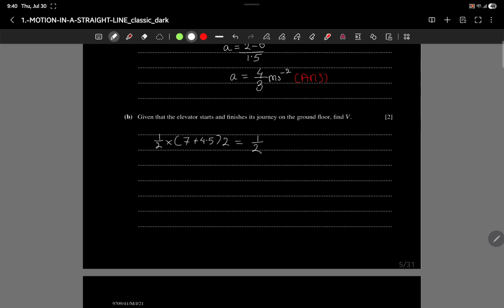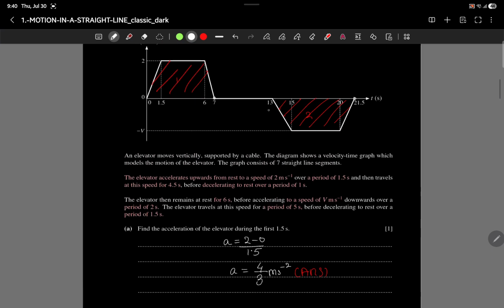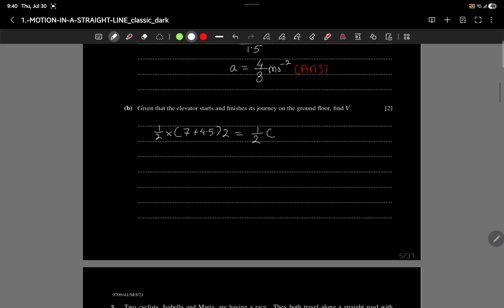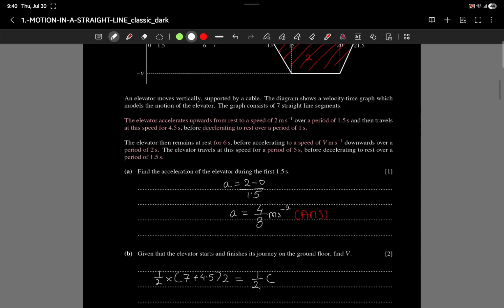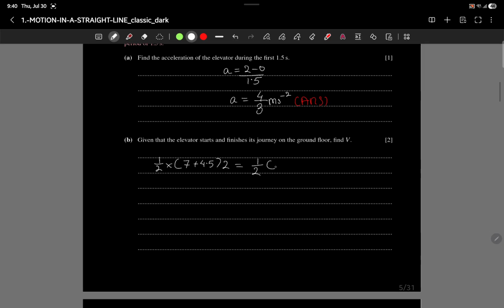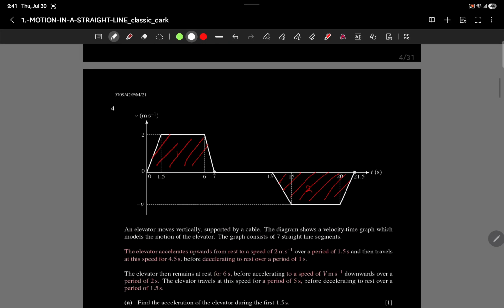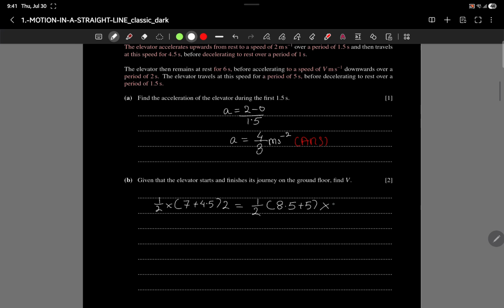This is equal to half into 13 minus 1.5, which is, okay, yeah, that is 8.5. So 8.5 plus this part, which is 5, to the height, which is v.